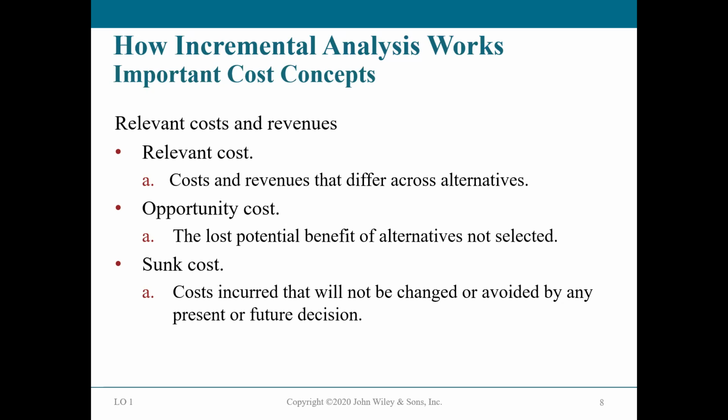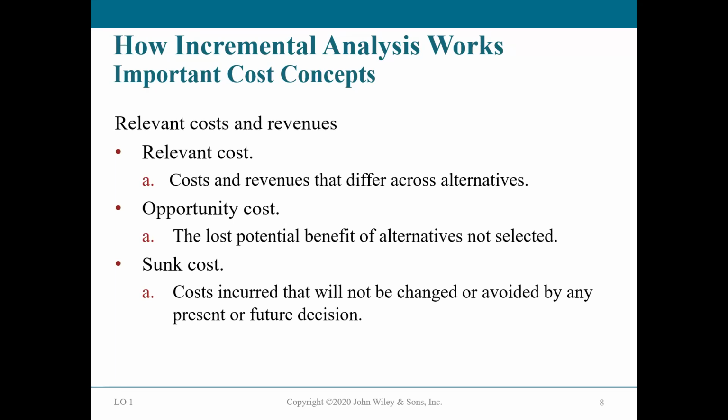So some of the cost concepts that you'll have to keep in mind for this entire chapter, you want to look at relevant costs. So costs and revenues differ across alternatives. You want to always keep that in mind. What are the differences? Opportunity costs. So what's the potential benefits if other alternatives are not selected? And we'll walk through some examples.